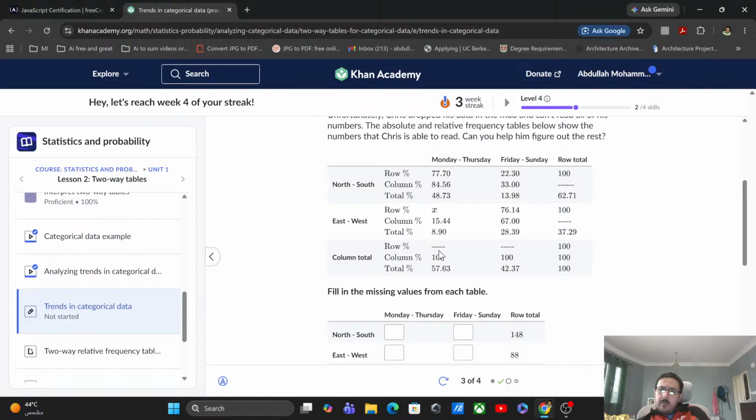Column total is column total, and this is row total. The only missing one is X.